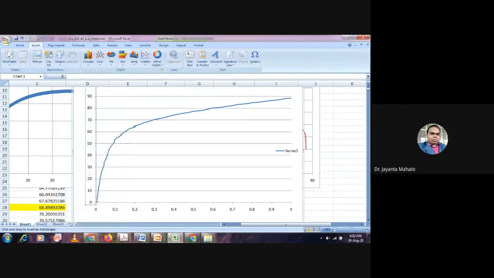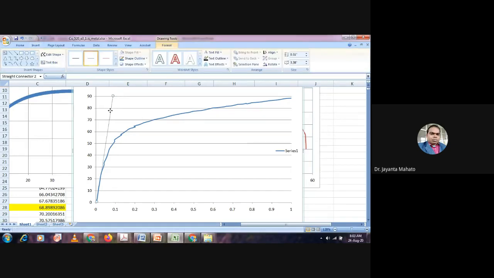So this is the proportional line. You shift this proportional line from 0 to 0.2 here. Where this line cuts the stress strain curve, here is the stress value. So this is the value, and you will get this value.